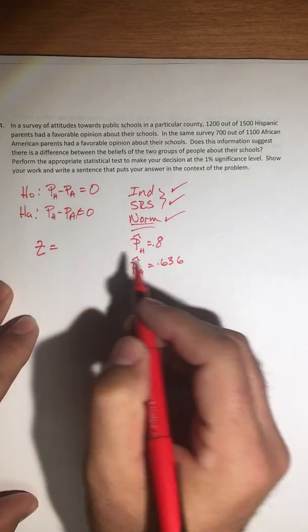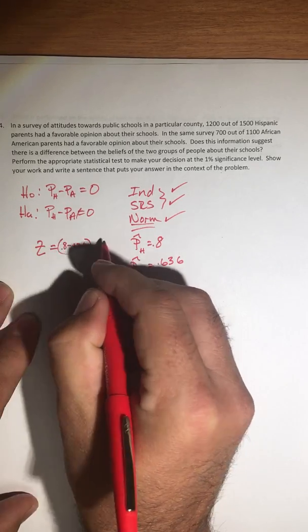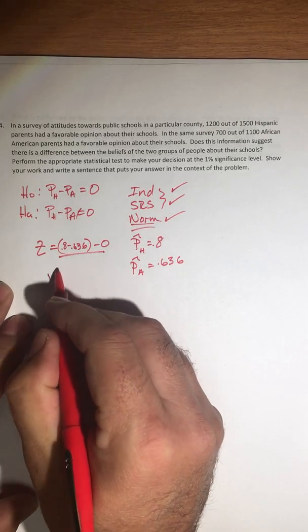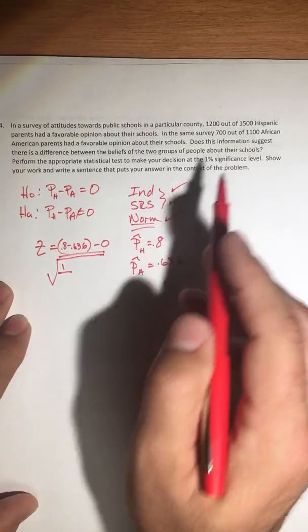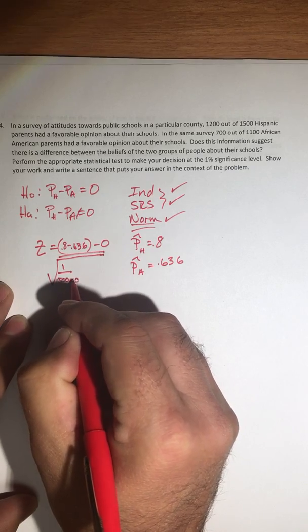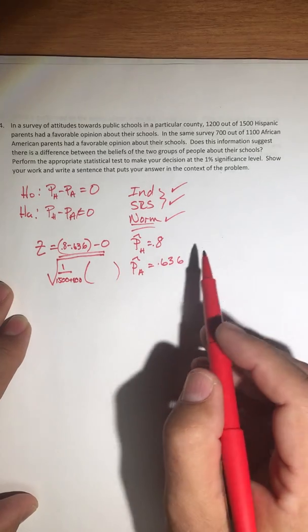So our z-score is going to be 0.8 minus 0.636 minus 0, because that's our null, divided by the standard deviation, which is going to be the square root of 1 over the sum of the sample sizes, so that's 1,500 plus 1,100, times p combined, q combined.